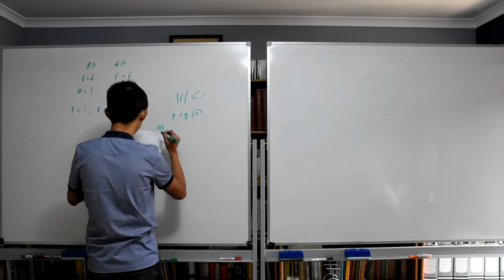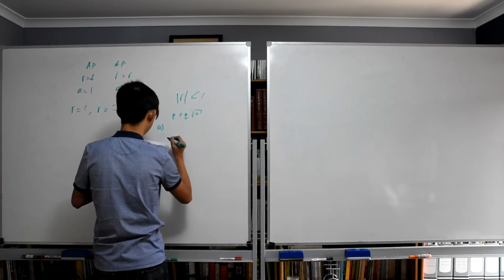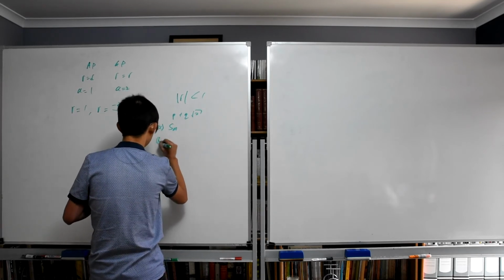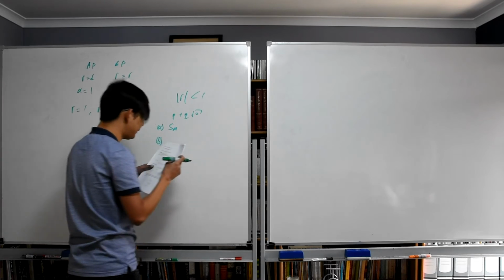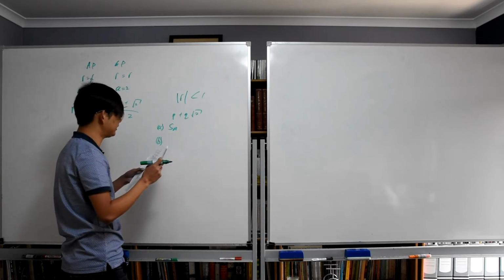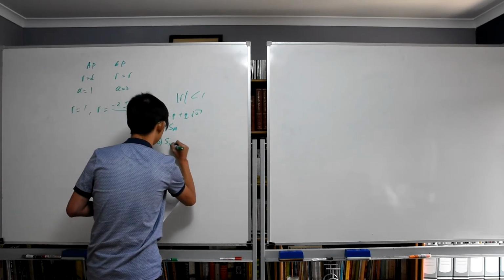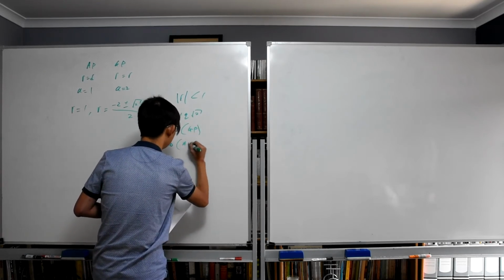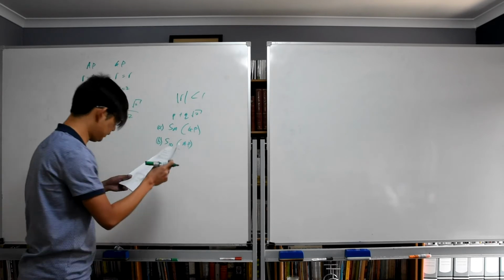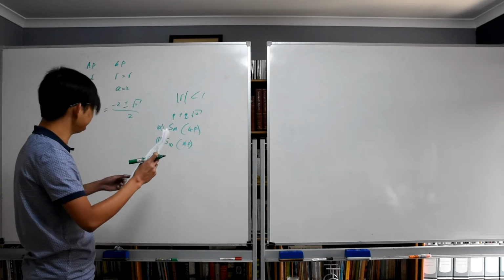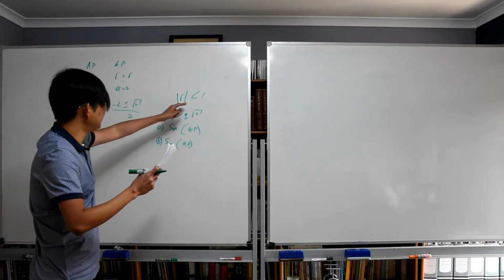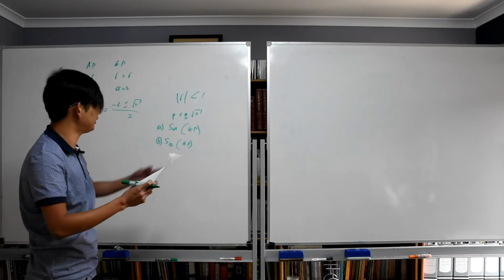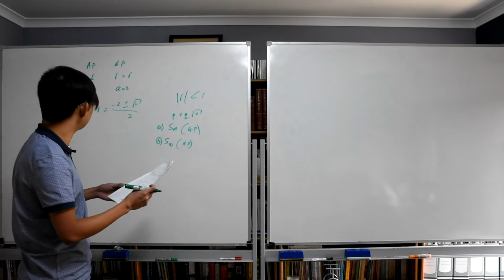Part A, the sum to infinity of the geometric series. B, the sum of the first 10 terms of the arithmetic series. We're told that the magnitude of r is less than 1 because this is an infinite geometric series, so the magnitude of the common ratio must be less than 1.